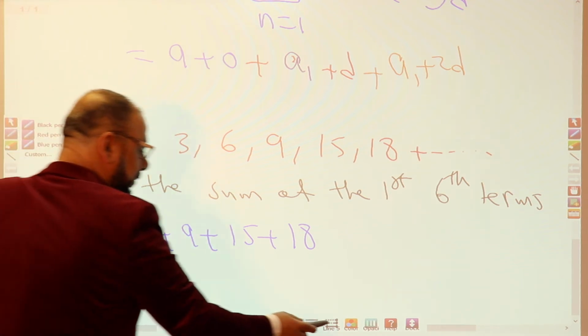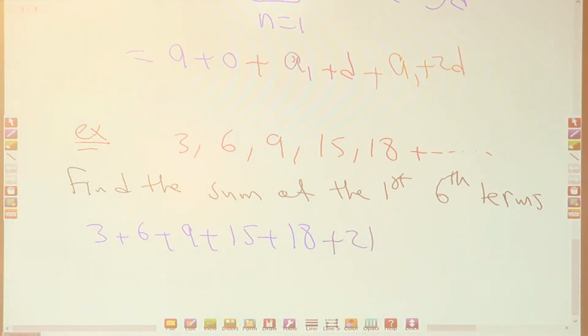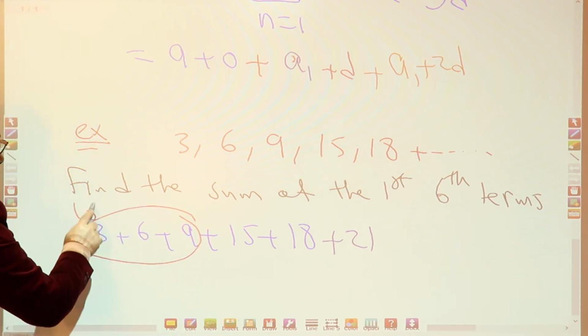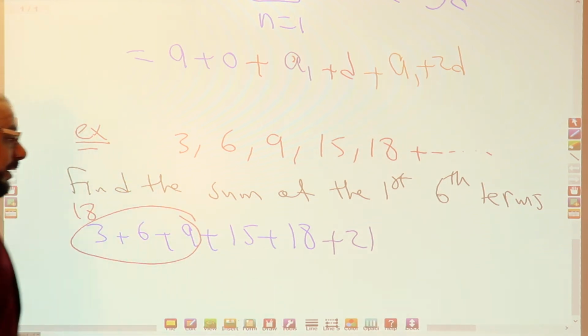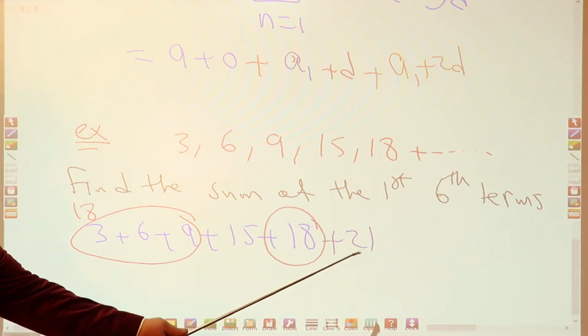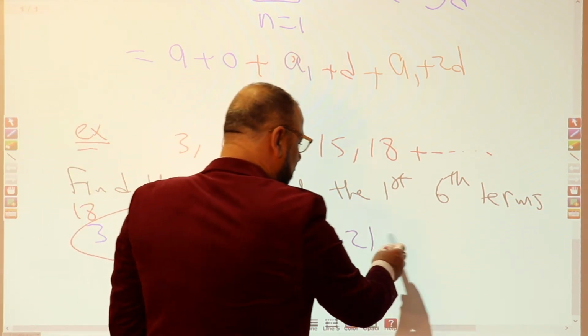Thank you. 21. How many terms do we have? 6. Okay, add them: 3 plus 6 is 9, then 18. From here to here is 18. Then 18, 36, and this guy also 36. 36 and 36 and 36 is 108.